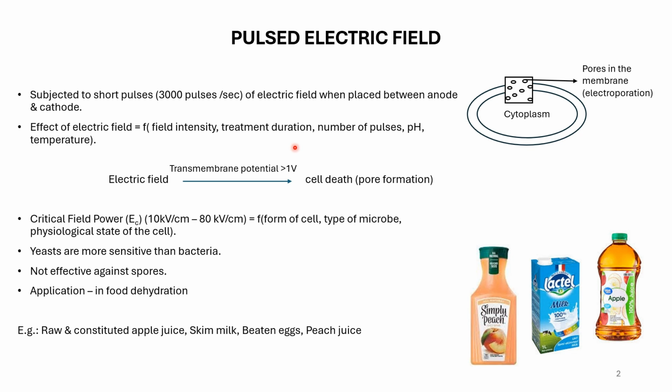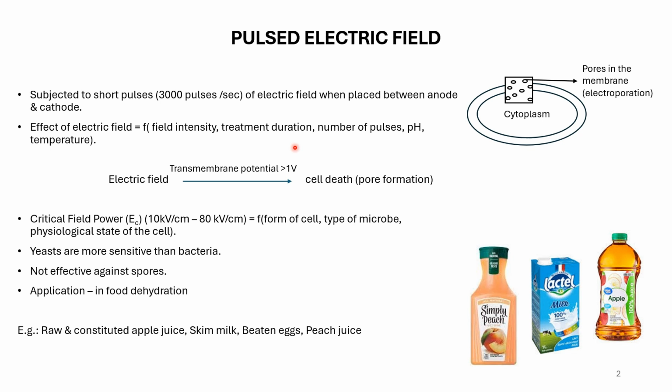We have seen that cells are made out of various ions. You have various ligand ion channels and you have ion channels which are very important for carrying out metabolic functions as well as for maintaining the equilibrium within the cell. Now, when you apply an electric field, this equilibrium is disturbed.